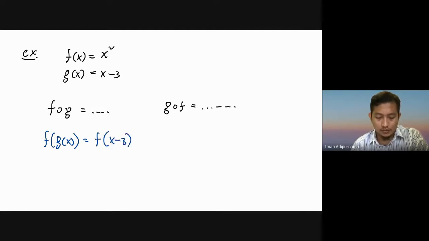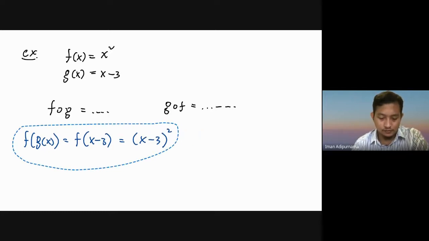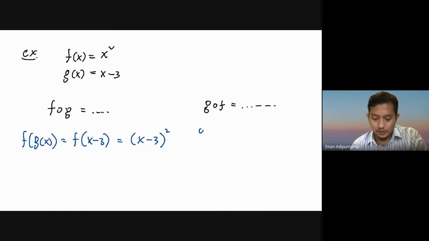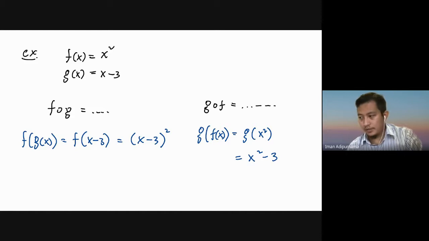And g o f, this will be f inside g. So g and then f squared. So we can have x squared minus 3.